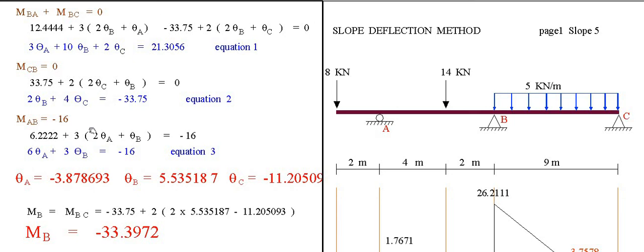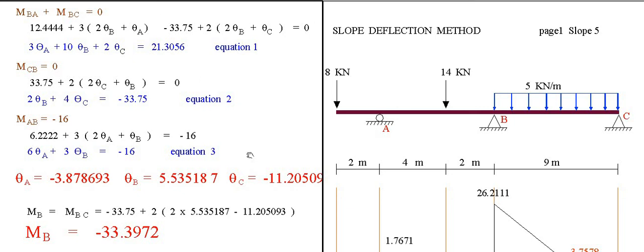Then this is 0 because times 2 of theta B. The result of this second term is negative because here theta C is negative, then times 2, the result of this is negative, then we have here positive. This is really 0.